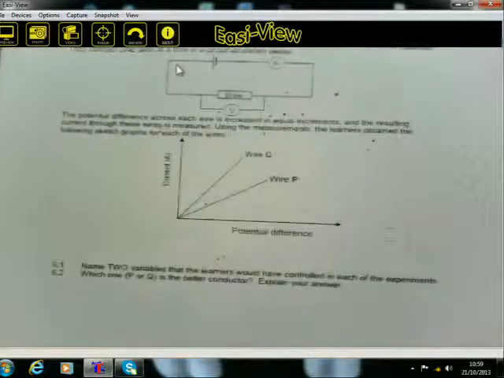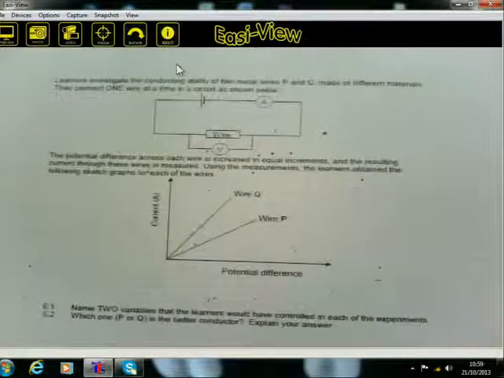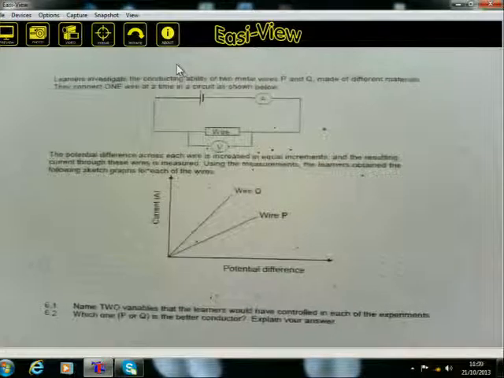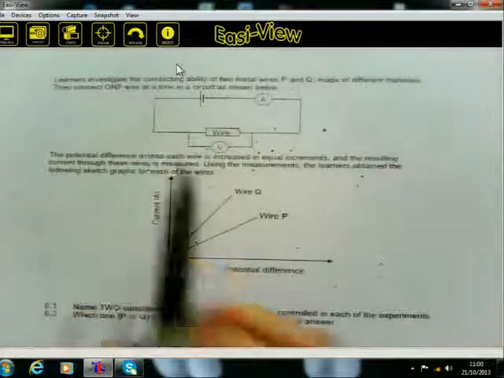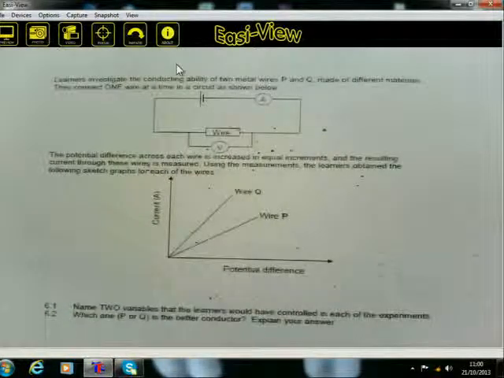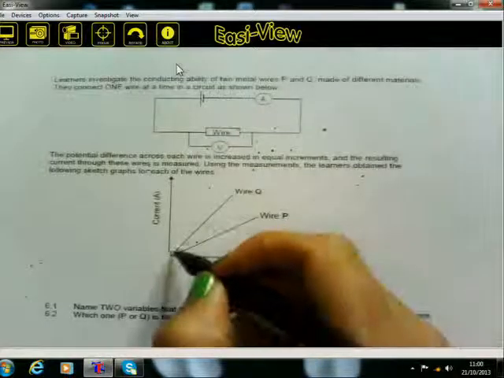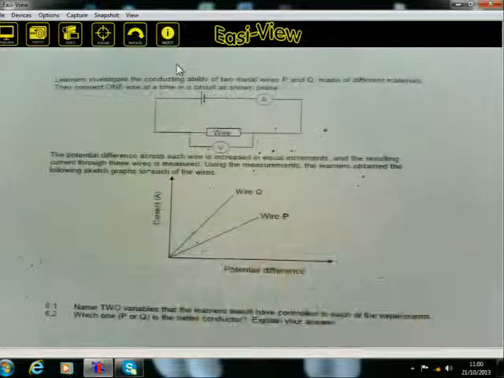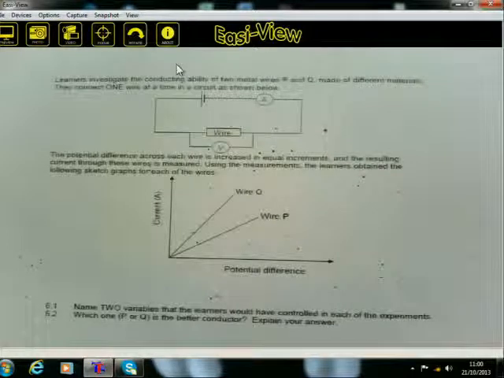The next one that I brought is a very short question, but a very interesting one. Learners investigated the conductibility or the conducting ability of two metal wires, P and Q. So if you can see, this is the graph for Q and there is P, made of different materials. They connect one wire at a time in a circuit as shown below.